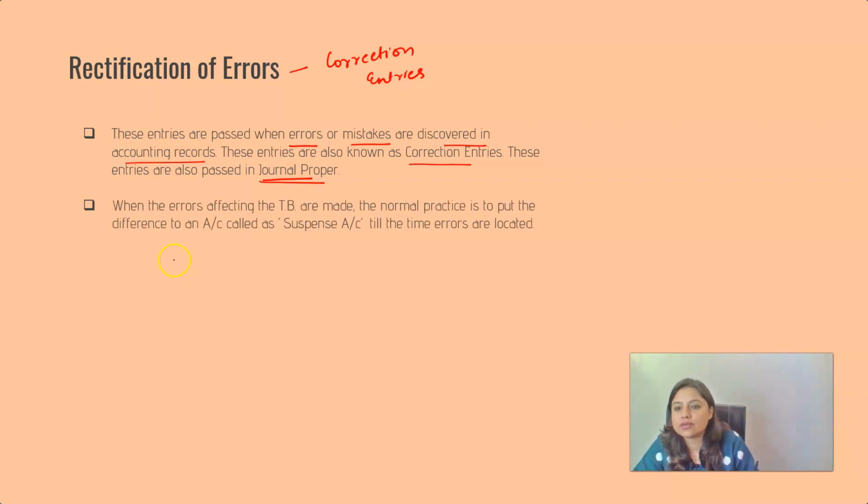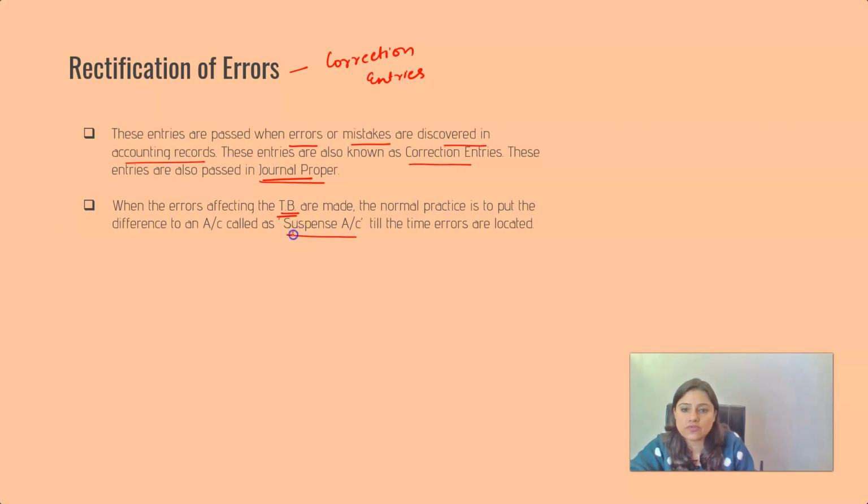When errors affecting the trial balance are made, what is the normal practice? Once the company generates the trial balance on completion of the posting of all the accounting entries in the ledger accounts, and certain errors are identified which are affecting the trial balance, the normal practice is to put the difference to an account called the suspense account.